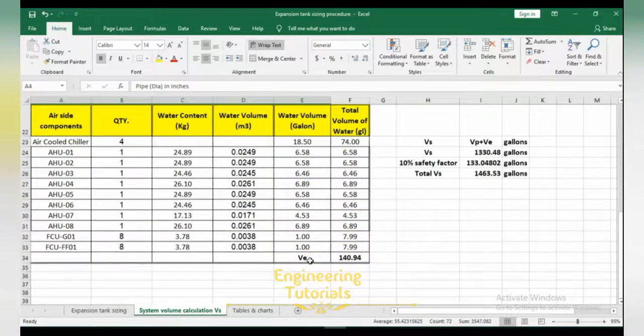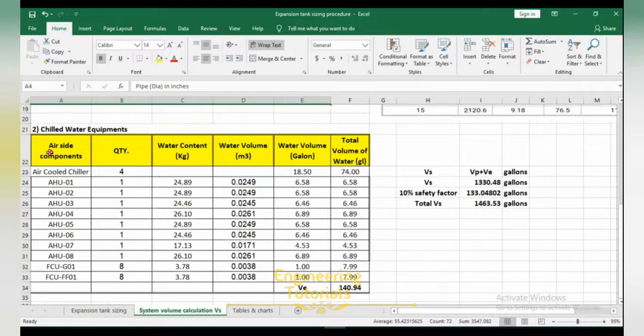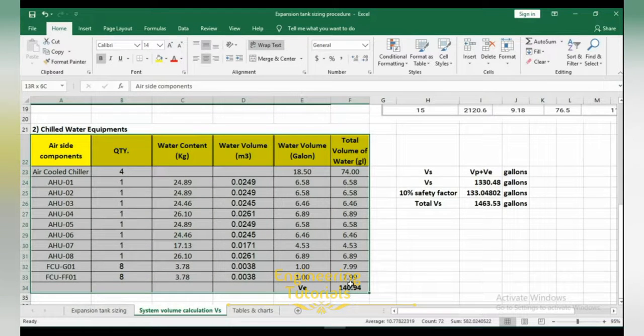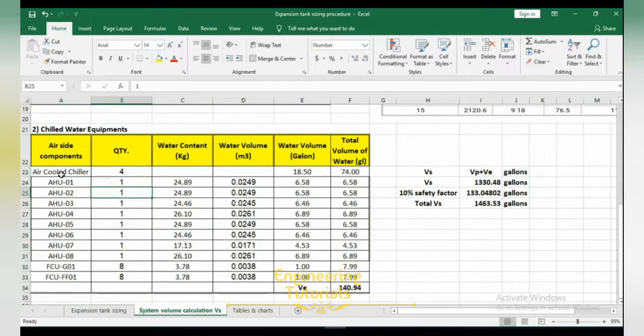Now the second part is related to the equipment's volume. How much volume of water will be inside the equipment? So let's say we have written everything which we have in our project: 4 air cooled chillers, air handling units, and then FCUs over here.